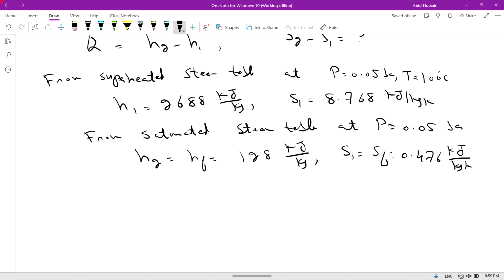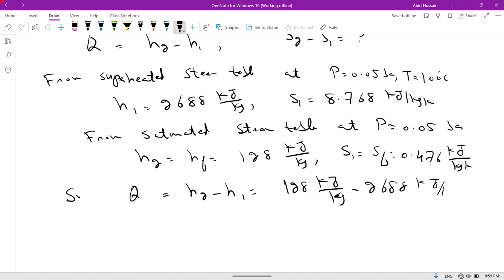So we can find Q is equal to H2 minus H1. The value of H2 is 128 kilojoule per kg minus H1, which is 2688 kilojoule per kg.